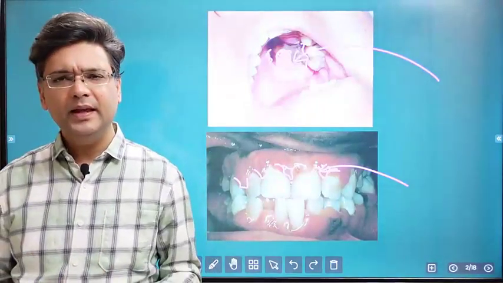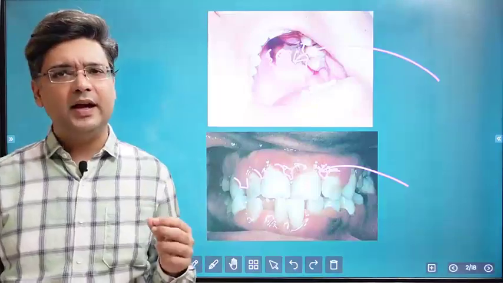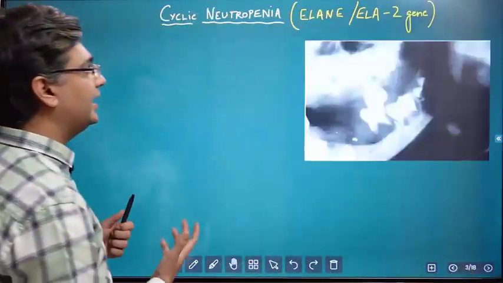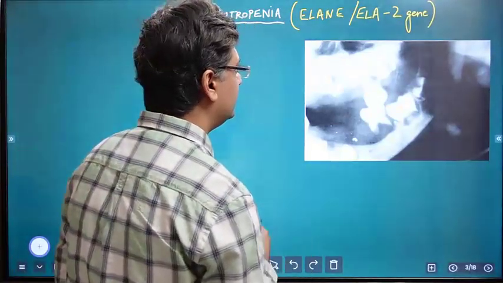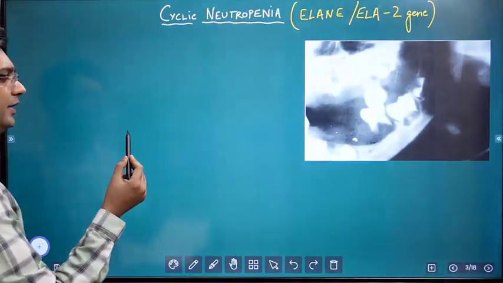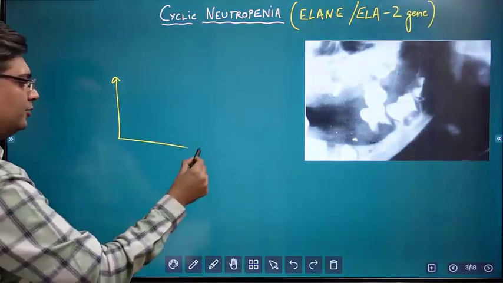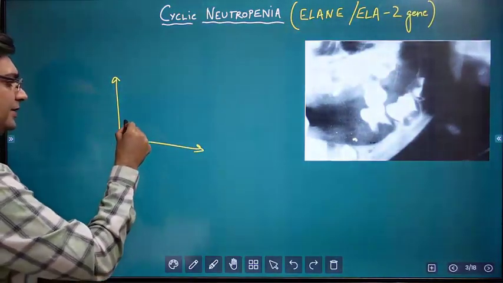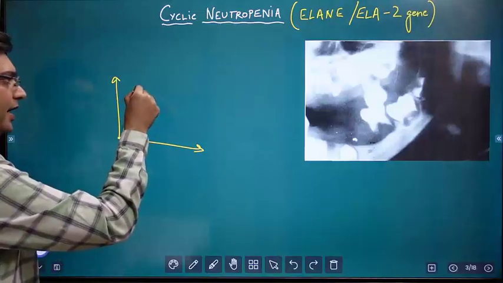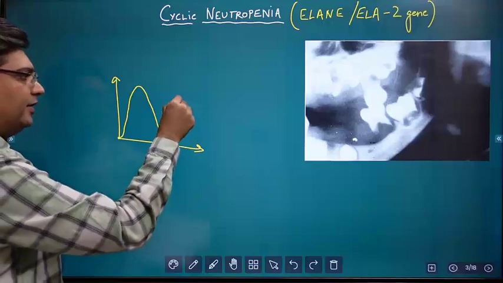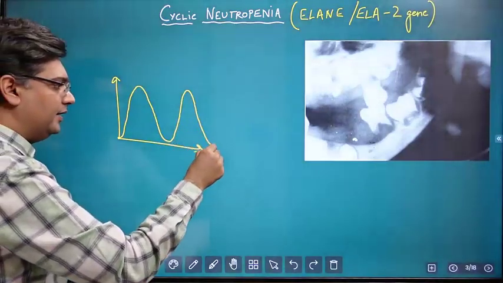So then we have another very interesting form of neutropenia, which is a cyclic event, and this is called cyclic neutropenia. So in cyclic neutropenia, what happens is, let's say these are the neutrophil counts. So the neutrophils rise, and then what happens, over a period of 21 days, they will go down, then they will rise to normal again, and then they will go down.